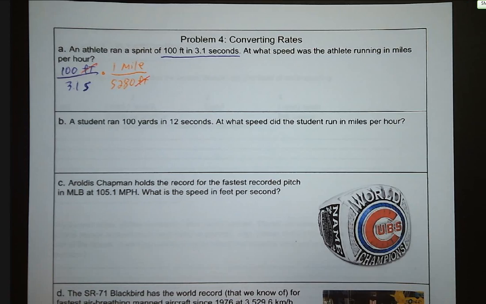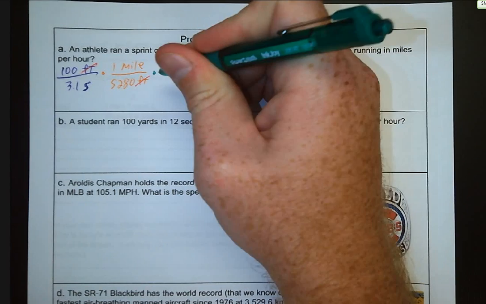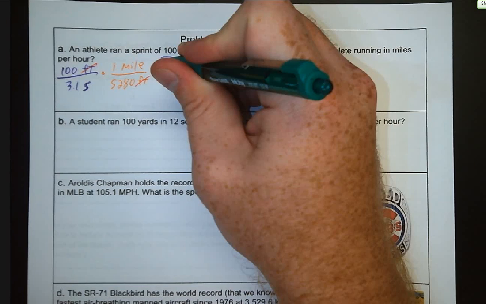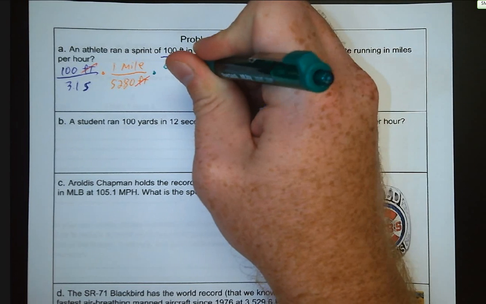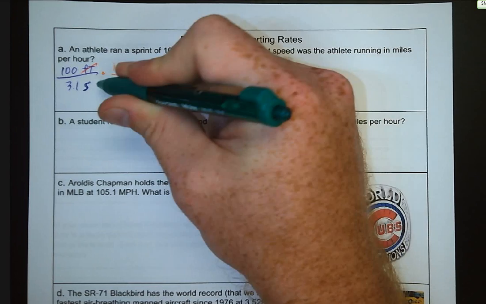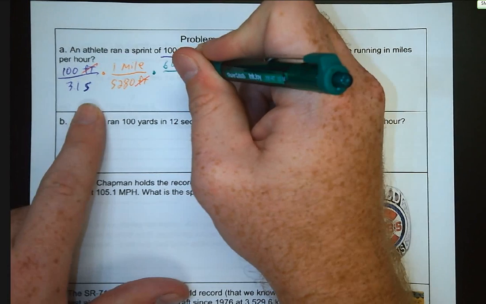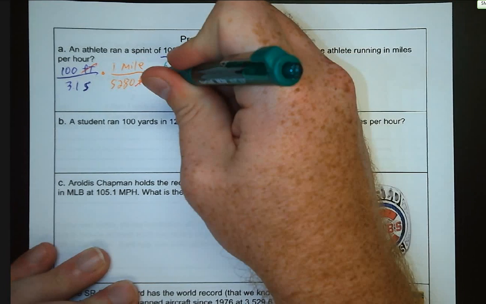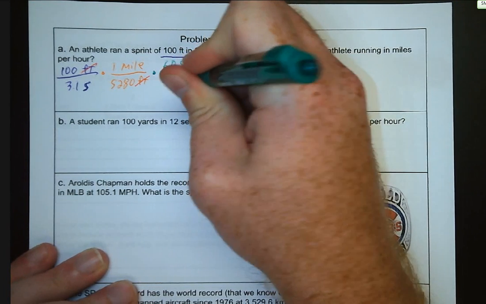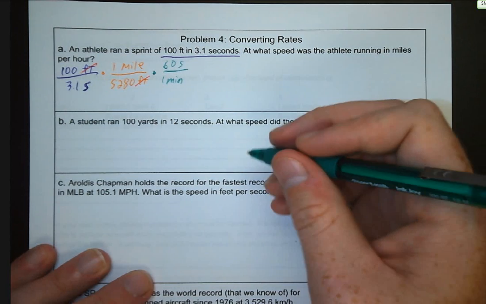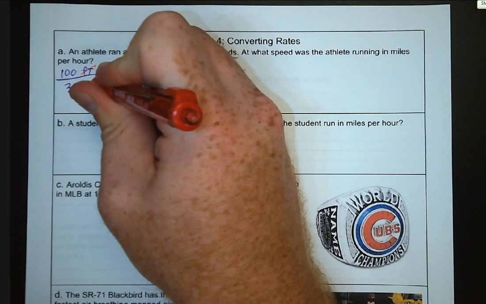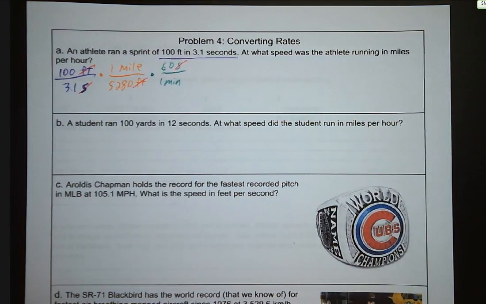No. So now I need to convert from seconds to minutes. So I'm going to start with 60 seconds in the numerator, because that's how we cancel out seconds, per 1 minute. All right, are we there yet? Our seconds canceled out, but we still have miles per minute. Not quite what I'm looking for yet.